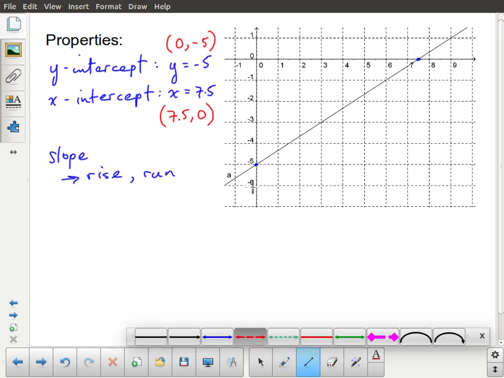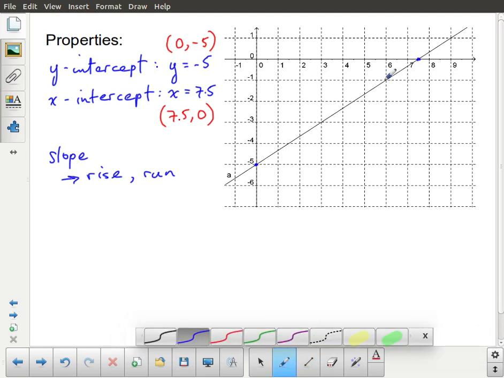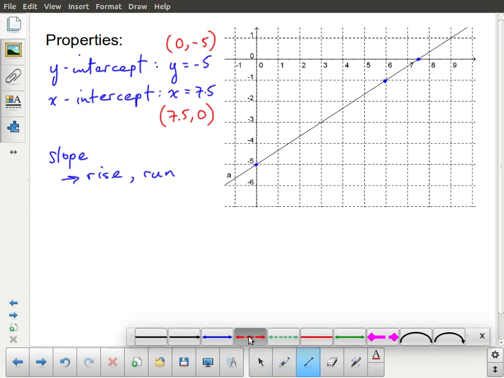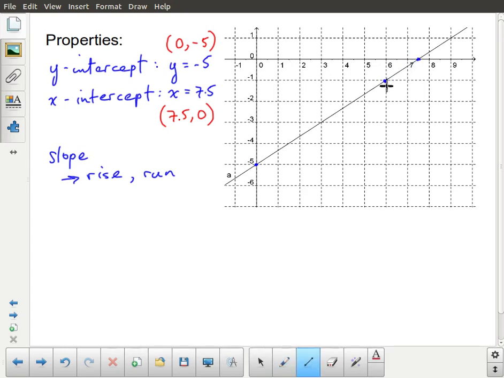The way to determine that, if you're looking at a graph, is to take a look at a nice point. In this case, I'm going to pick this point right here, and look at the vertical change between that point and another nice point.